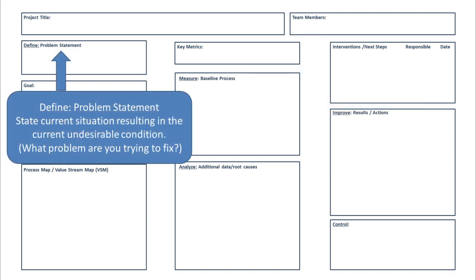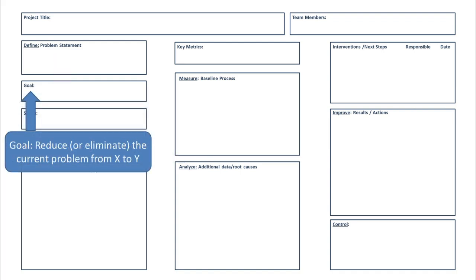Then define your problem. What issues are you trying to fix? Briefly state the key problem in 1 or 2 sentences. The problem statement includes what is being affected and where it is occurring. Next is your goal or aim statement. To learn how to write an aim statement, watch my video on setting aims for improvement.